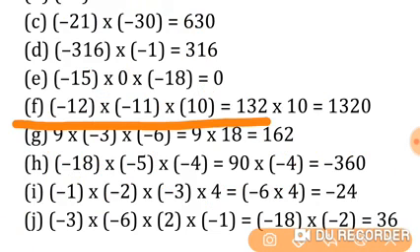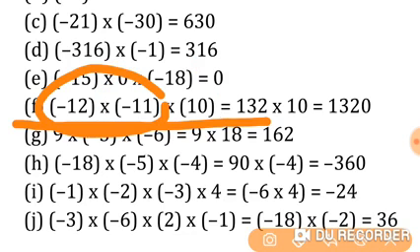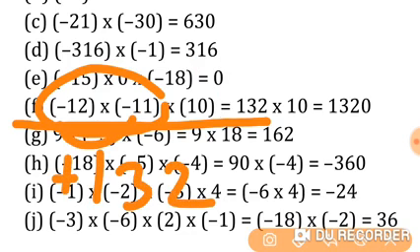In the same way, in the F question, there are 3. So first multiply two, or you can choose after two. Anyhow the answer is correct. So first I'll take the first two integers. 12, minus 12 into minus 11. 12 into 11 is 132. Minus into minus is plus.